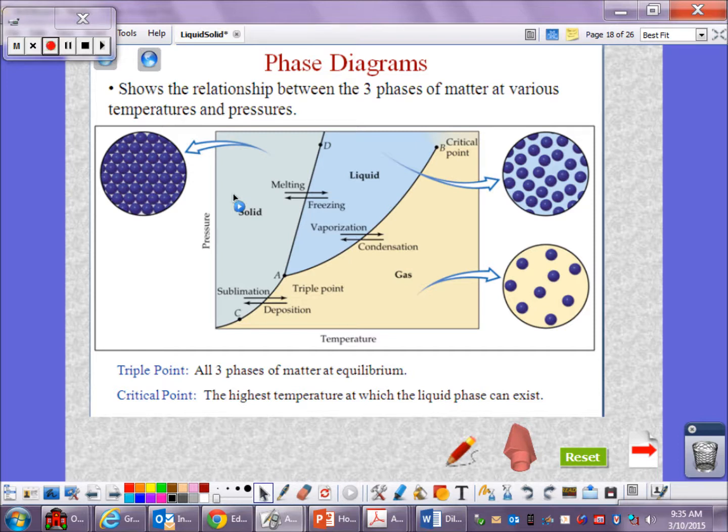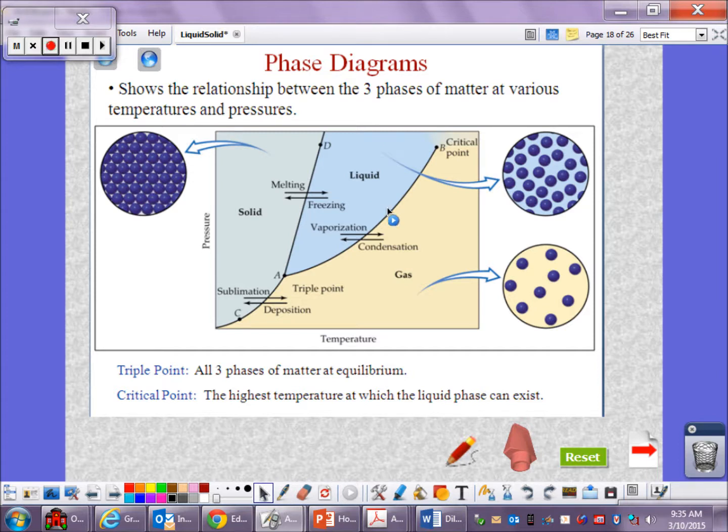We said yesterday you can have your water boil at 30 degrees Celsius. It depends on the pressure. If you go to a very high altitude where the pressure is low, you can have your water boil at a low temperature. So from liquid to gas, this is your vaporization. From gas to liquid, this is your condensation.